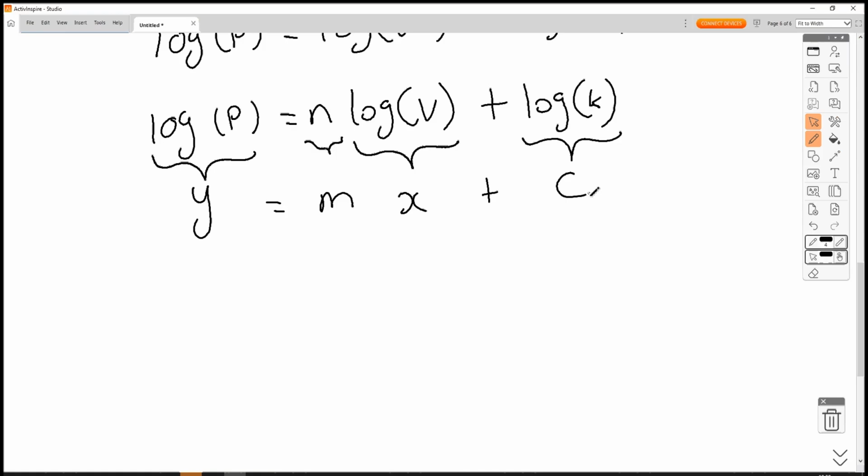Now if you get these results, and you do exactly this, you will get a value of n which equals -1. So the results give n equals -1.